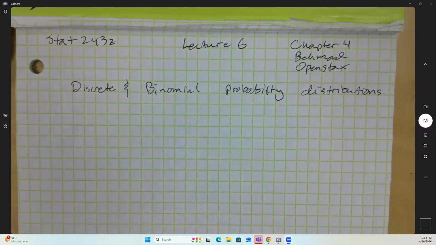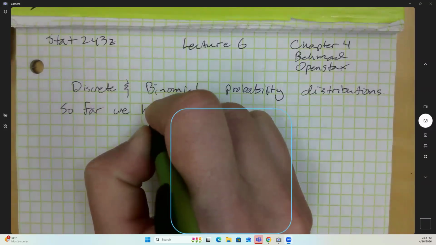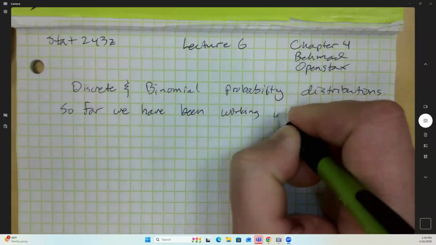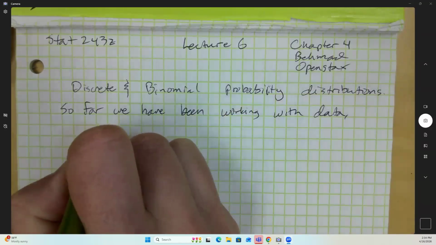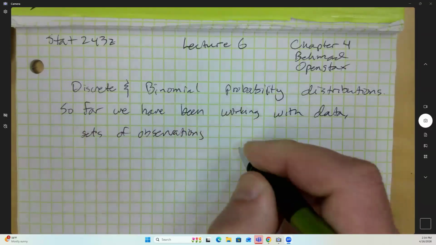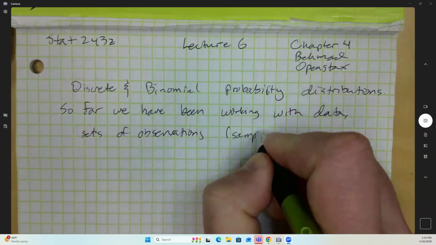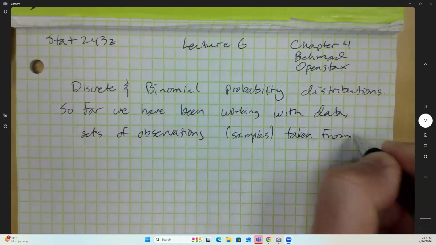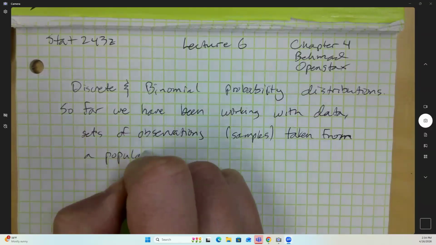So far, we've been working with data, which are sets of observations or samples taken from a population made up of individuals.